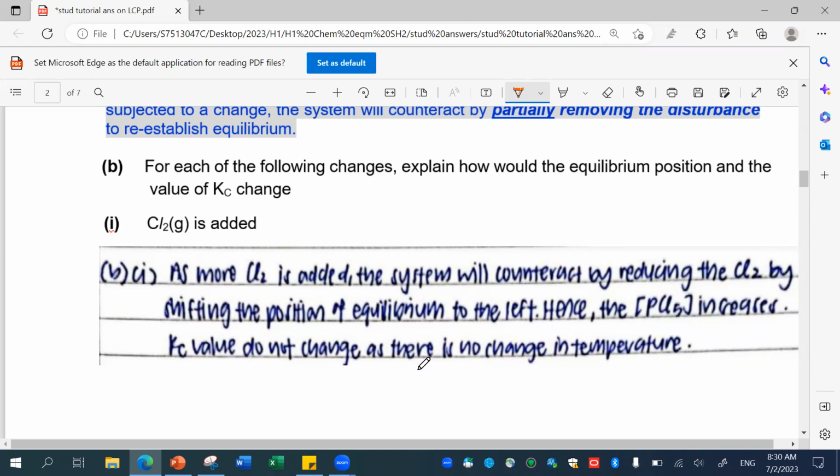How could we make this answer better? Is the Le Chatelier principle accurate here? Now, when you say reducing the chlorine, what must you emphasize?